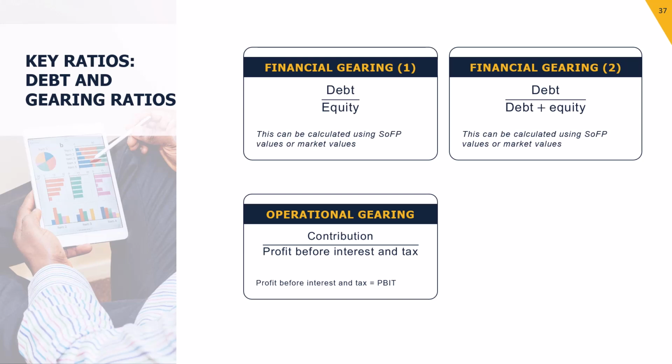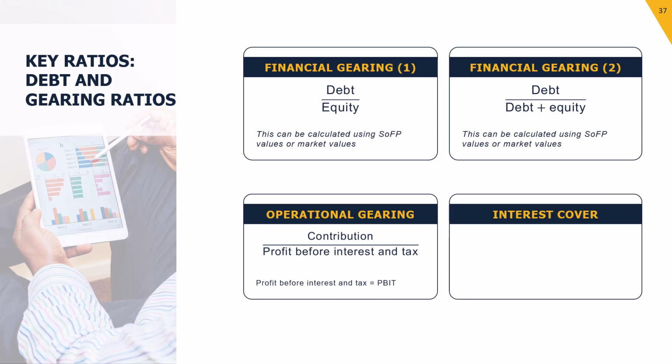We've then got operational gearing. Operational gearing looks at the day-to-day activities in the organisation. So this shows you your contribution as a proportion of your profit before interest and tax. This is looking at the contribution that's been generated in the period as a proportion of your total profit before tax.